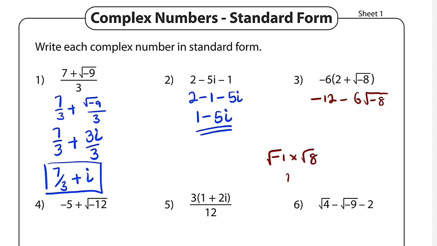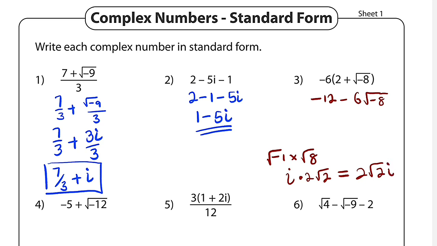Square root of negative 1 is i, but square root of 8 is 2 root 2, right? Why? Because 8 can be expressed as 2 multiplied by 4, but square root of 4 is 2, so we bring it out. So altogether we have 2 root 2 i.